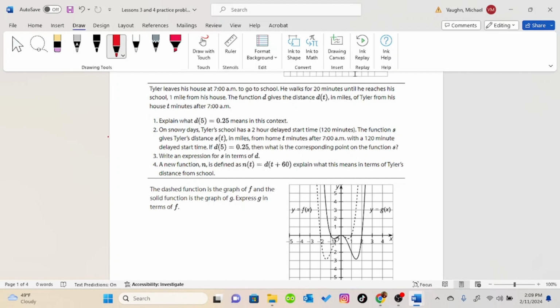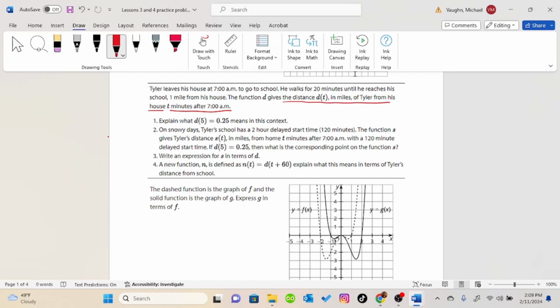So in this case, 5 is t, and t is minutes after 7 a.m. The 0.25 represents the distance in miles of Tyler from his house.